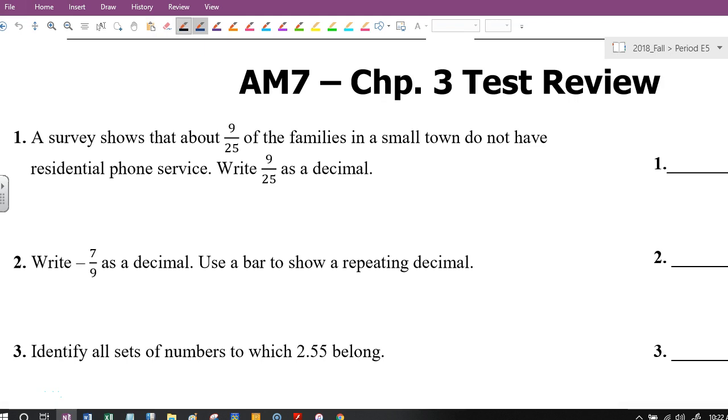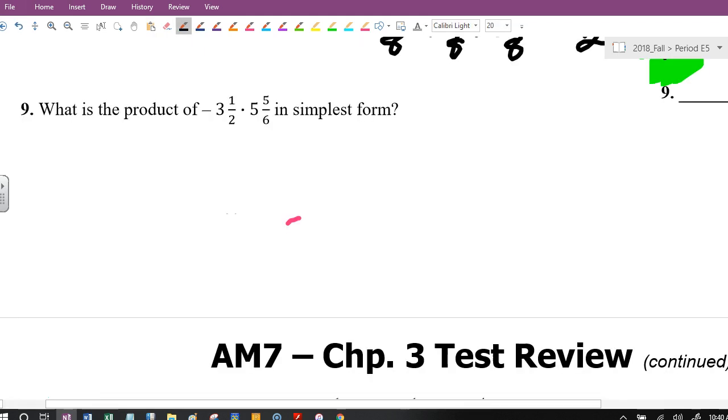Okay, so 3.5 is equal to 7/2. So how many halves is 3? 6. So we have 6 halves, and we also have the 1/2, so that makes 7 halves. Okay, and then what about 5/6?